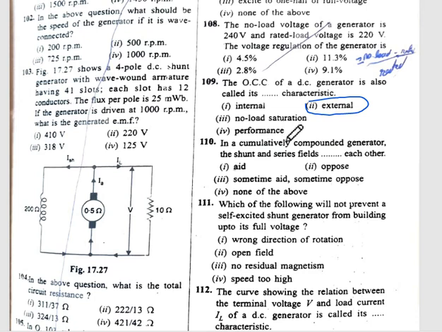In a cumulatively compound generator, shunt and series field add to each other. Which of the following will not prevent a self-excited shunt generator from building up to full voltage? No residual magnetism.